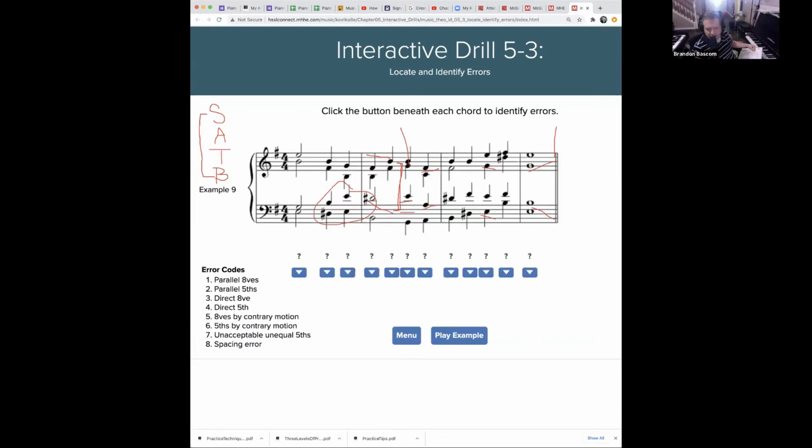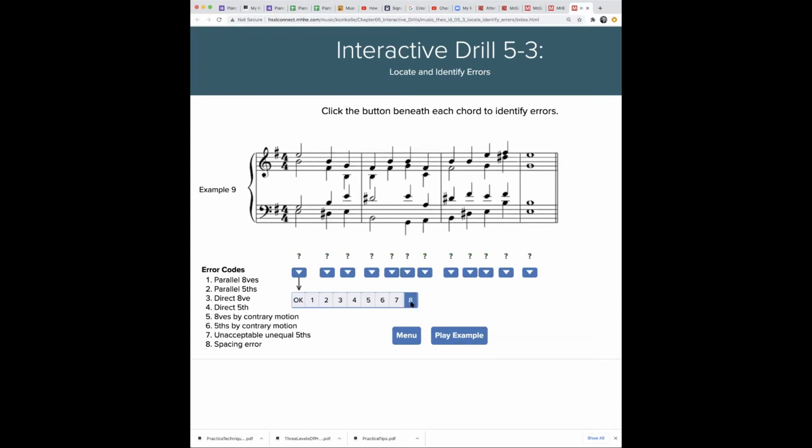You think it's reset? No, it's the same one. You can tell. So in the first one, I think we were one off. Okay, so here we are. So spacing error in the first one, right? Right. Gotcha.